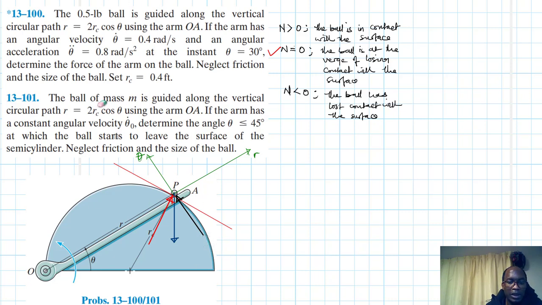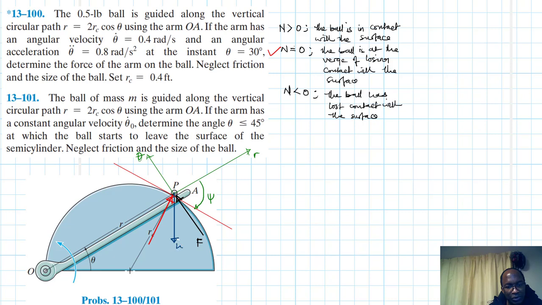So these are the components of our forces. Then we have this angle here, which is negative clockwise. This is our force exerted on the ball by this particular arm, OA.